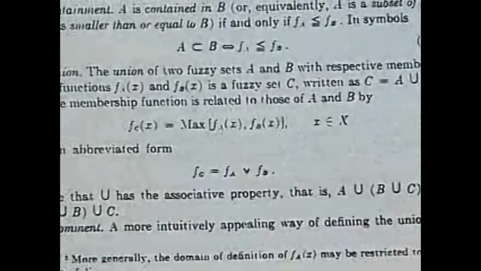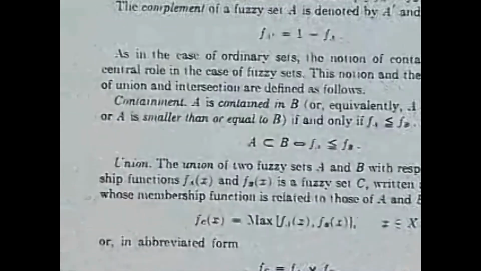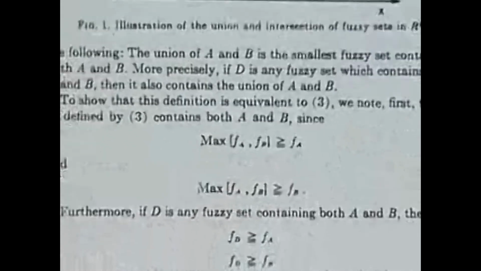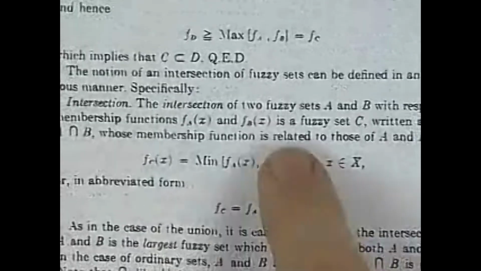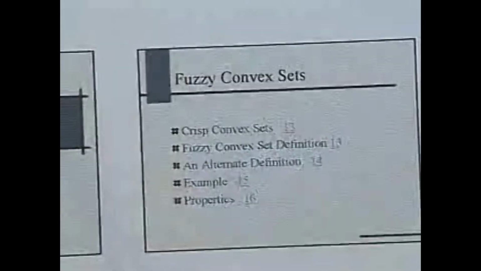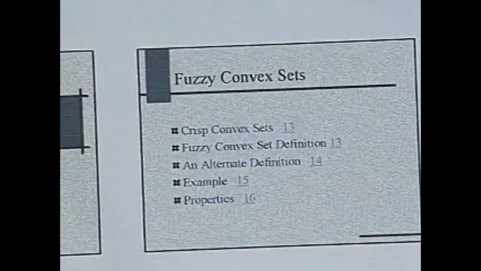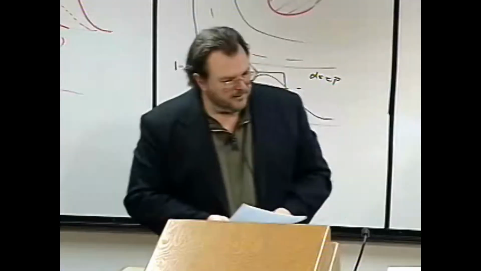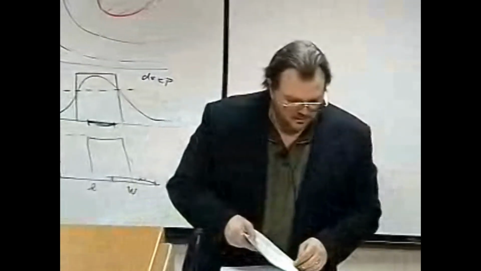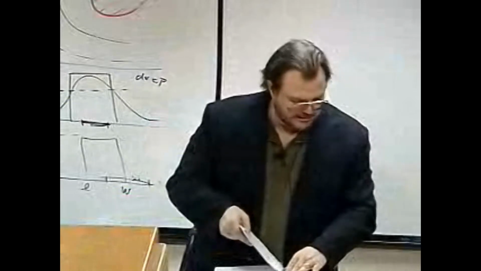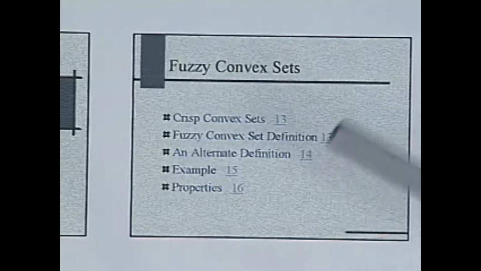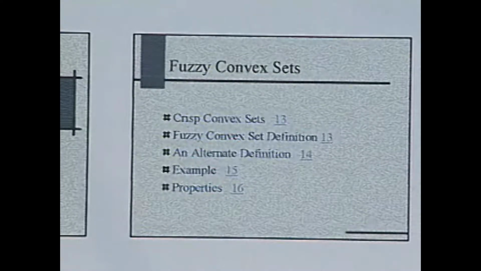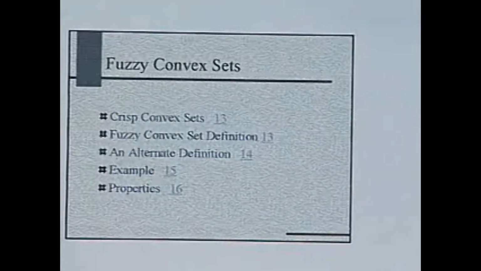The fuzzy union is defined, the maximum is defined, the fuzzy intersection is defined, etc. So all of the original ideas are talked about in Zadeh's paper, and it's fun to look back and appreciate Zadeh's insight into this problem in this area. Okay, let's see, where were we? Fuzzy convex, an alternate definition. I want to give you an alternate definition which was given by Zadeh for a fuzzy convex set.